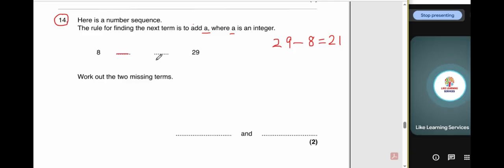So we divide by 3. If there are 3 missing numbers, you divide by 4. If you have 1 missing number, you divide by 2. If we have 5 missing numbers, you divide by 6. Good.